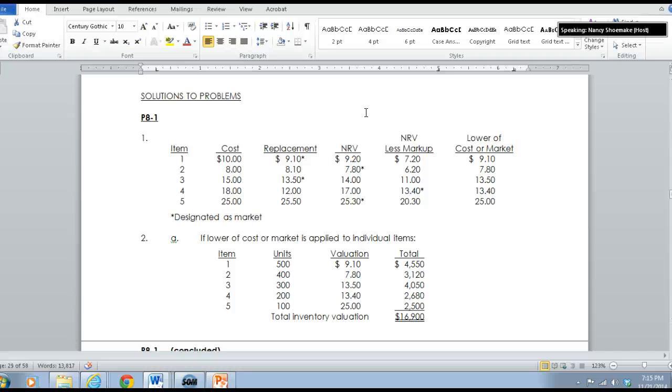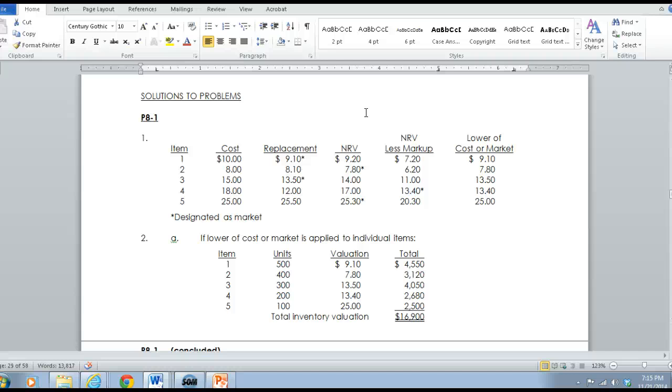Now the next one, our cost is at 8, the replacement's at 810, our net realizable value is at 780, and then our floor is at 620. Now the problem here is our replacement cost is not in between the ceiling and the floor, so we can't use that.